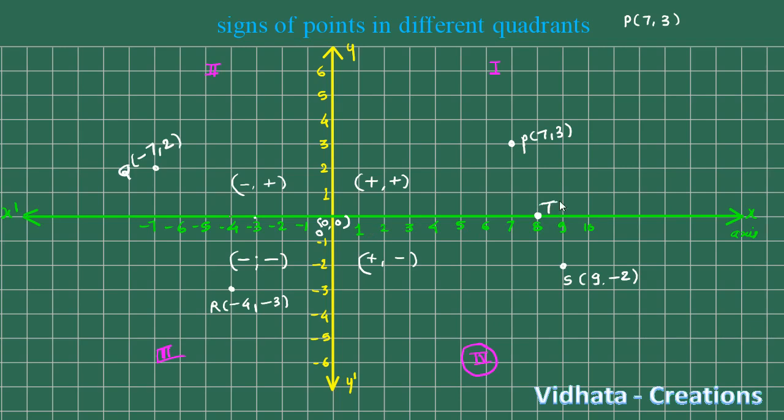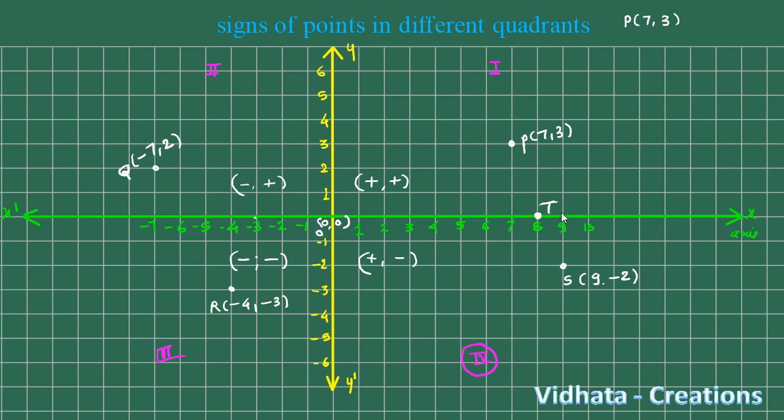What can you say about the coordinates of point T? What do we do to tell the coordinates? We draw perpendiculars from point T. If point T lies on the x-axis itself, then from here you have to draw the perpendicular on the x-axis. It will meet here only, and on the y-axis it will meet at the point of intersection.